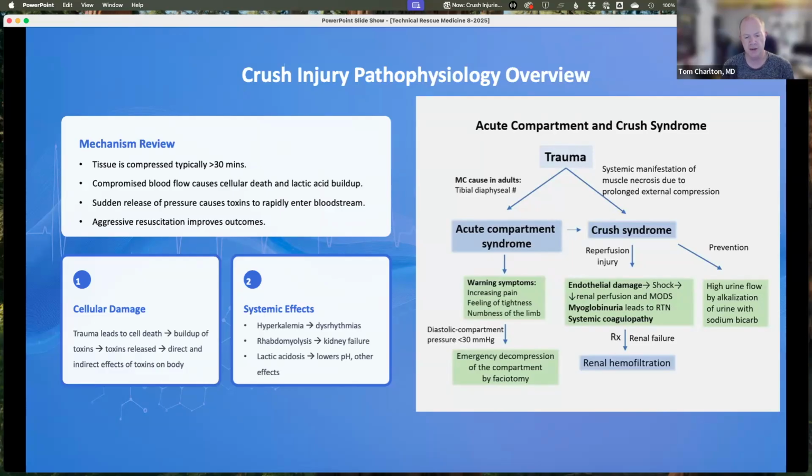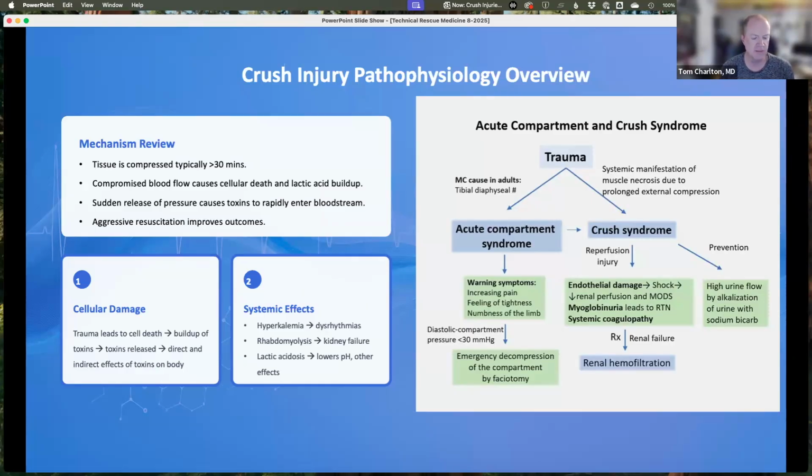What occurs, though, is when we're now ready to extricate this person from whatever is causing their crush, we suddenly release that pressure. That sudden release of pressure can cause blood flow to be rapidly restored, which you would think is a very good thing. The problem is that the tissue distal to where the blood has been cut off is now full of toxins.